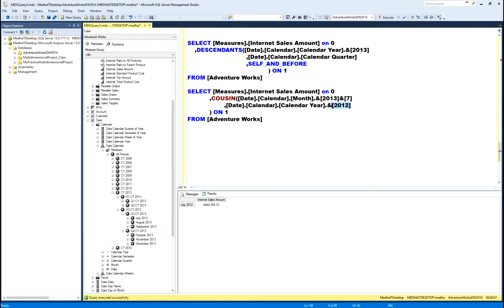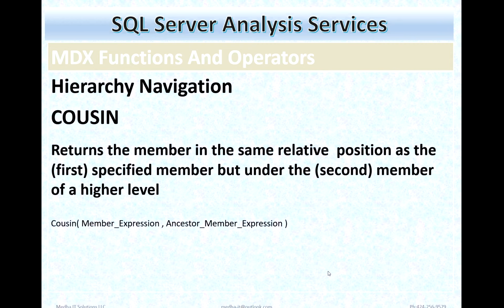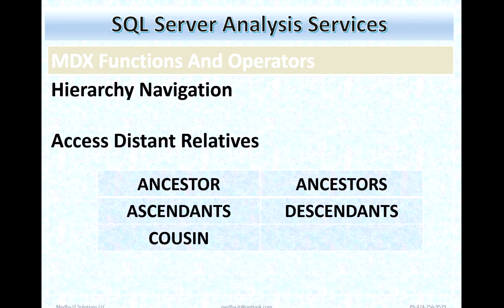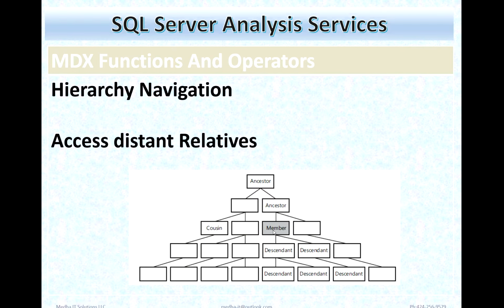So, what is it returning? The cousin of current member in year 2012. That means, if I go to my diagram here, assuming that this is the year 2013, and the left one is 2012.